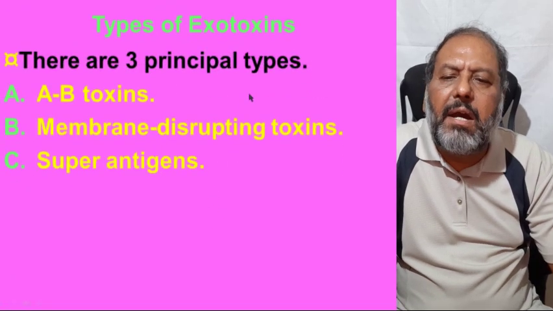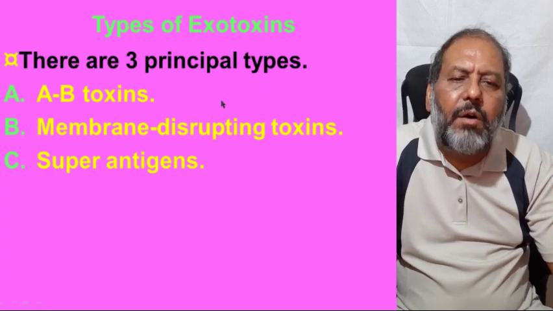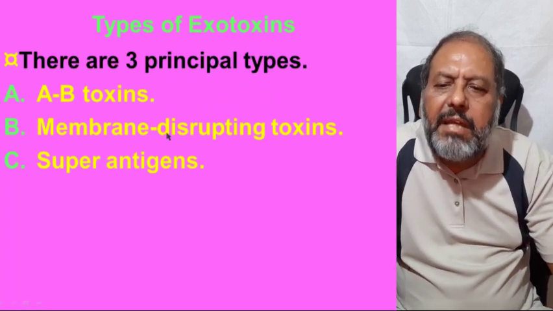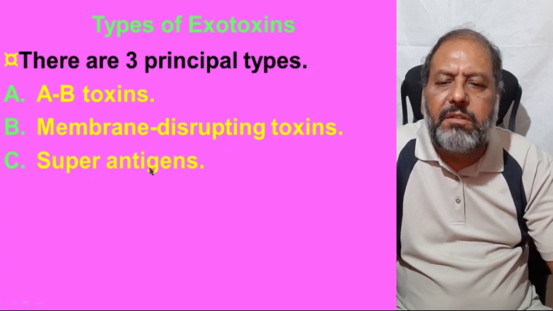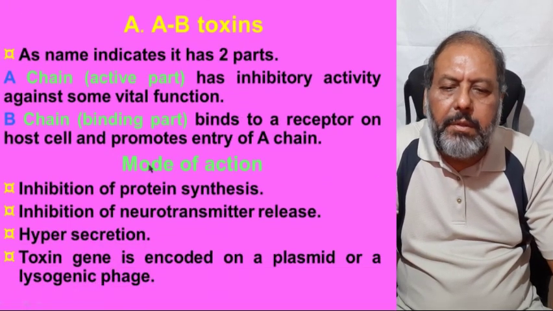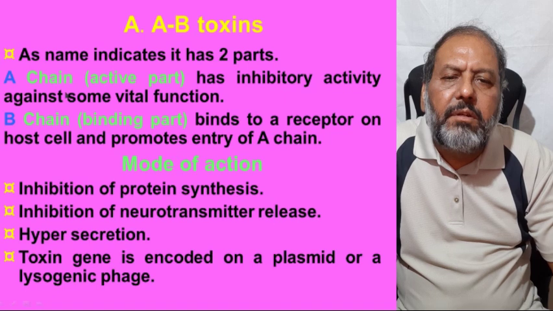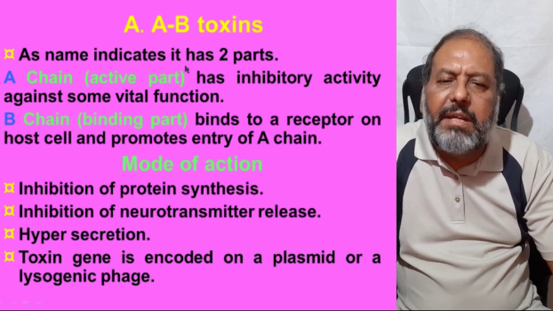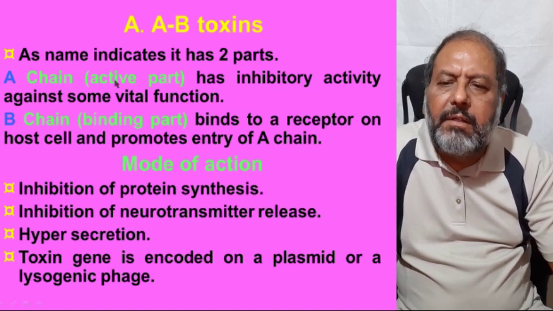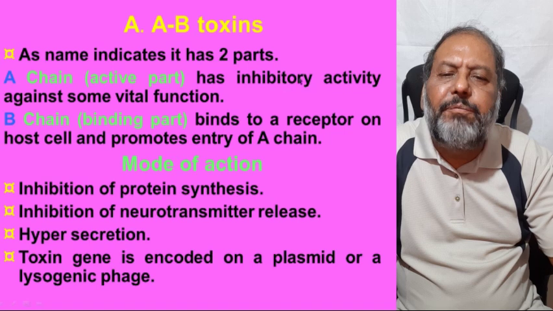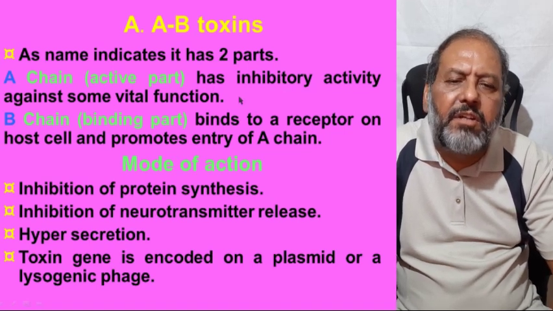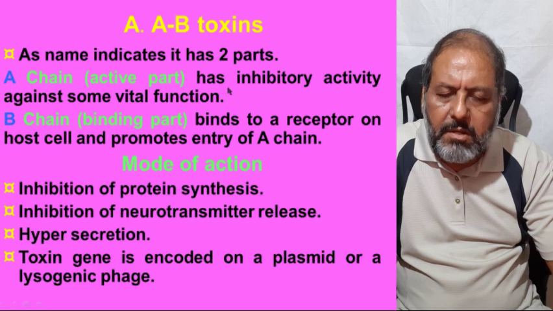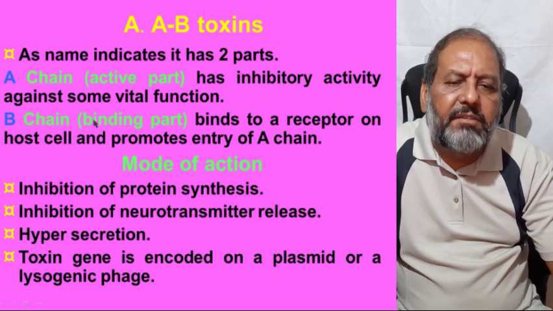So the exotoxins are of three principal types: AB toxin, membrane disrupting toxins, and superantigens. First, the AB toxin. As the name indicates, it has two parts. The A chain is the active part, which has inhibitory activity against some vital function; it enters the host cell and causes the damage.